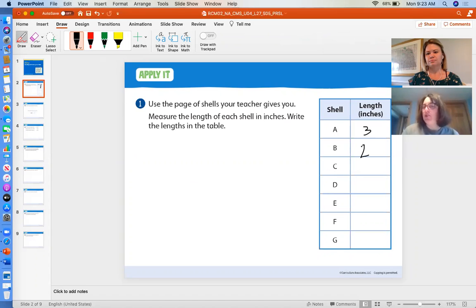C is 4 inches. D is 2 inches. E is 7 inches. F is 2 inches. And G is 3 inches. All right, so we have written the lengths inside the table. That's all we had to do for this problem.